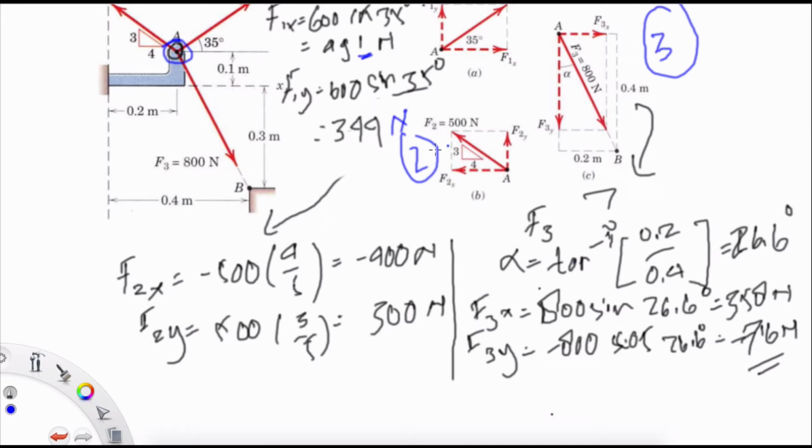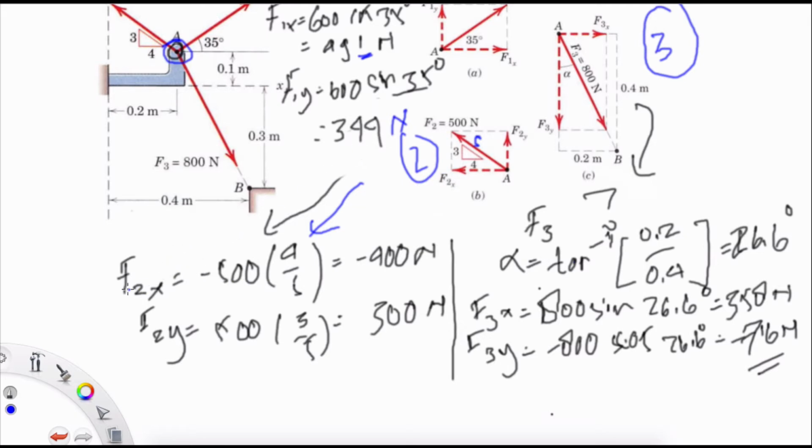And for the second exploded drawing, here it is. We don't have any angle information here. There is no given information for the angle, but we know there is the equivalent trigonometry, so we can use this information. If here is 4, here 3, so we will have 5 here, and here is minus 5 for F2 in the x direction.